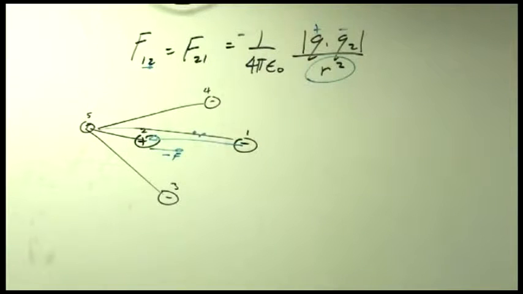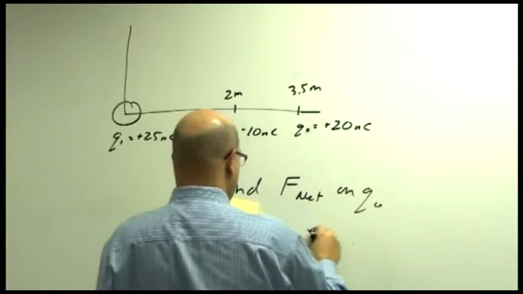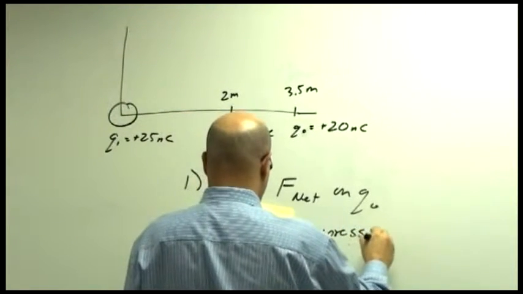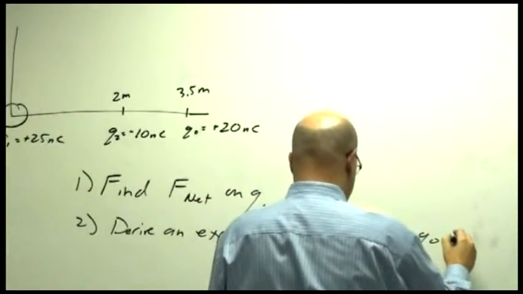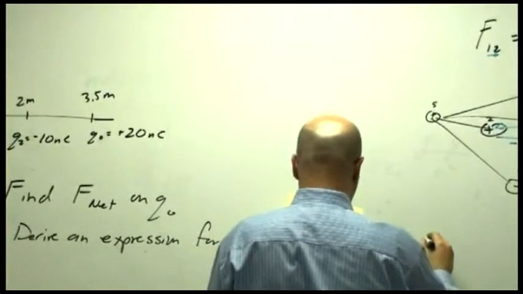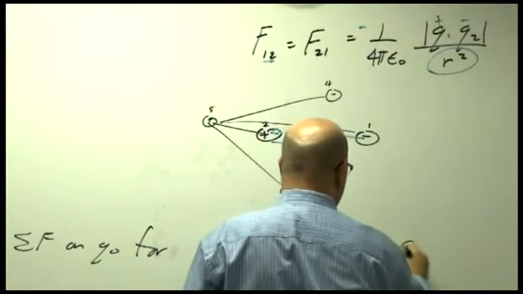I want you to find the net force on Q naught, that's from Q1 and Q2, derive an expression for the sum of the forces on Q naught for distances 2 meters less than or equal to x less than or equal to infinity, and graph it.